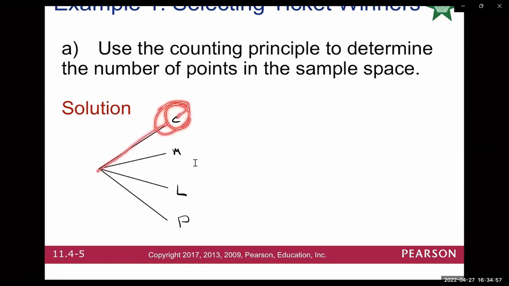So now that Christine's been selected, what are the possible outcomes from here? Well, now Mike can go second, or Larry can go second, or Phyllis can go second. All right, what if Mike gets selected first from the hat, then what are the possible outcomes for the second person?